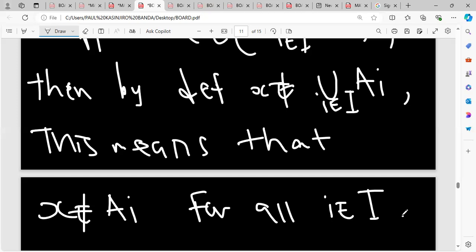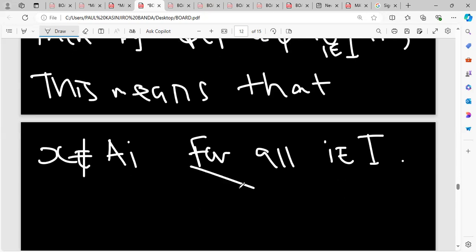Because if x is a member of one set, then it's in the union. But here they're saying x is not in the union, so it means that x is not a member of all these A_i's for all the small i's in this capital letter I.